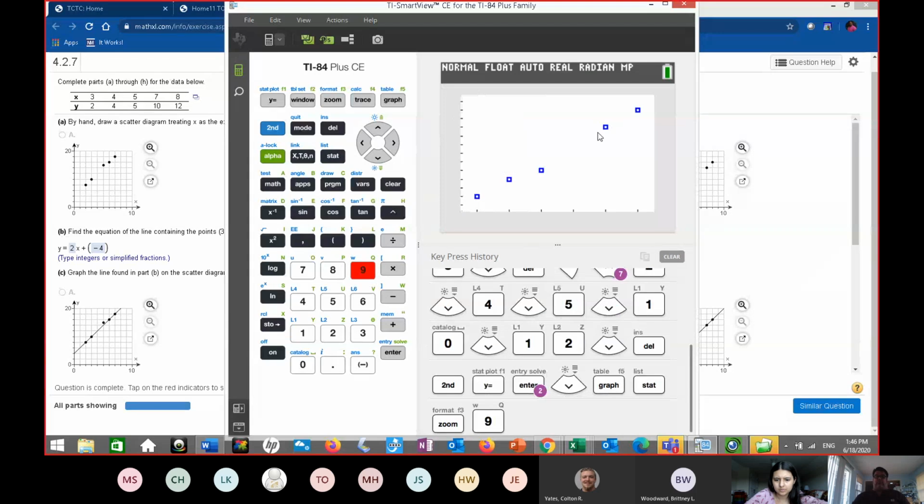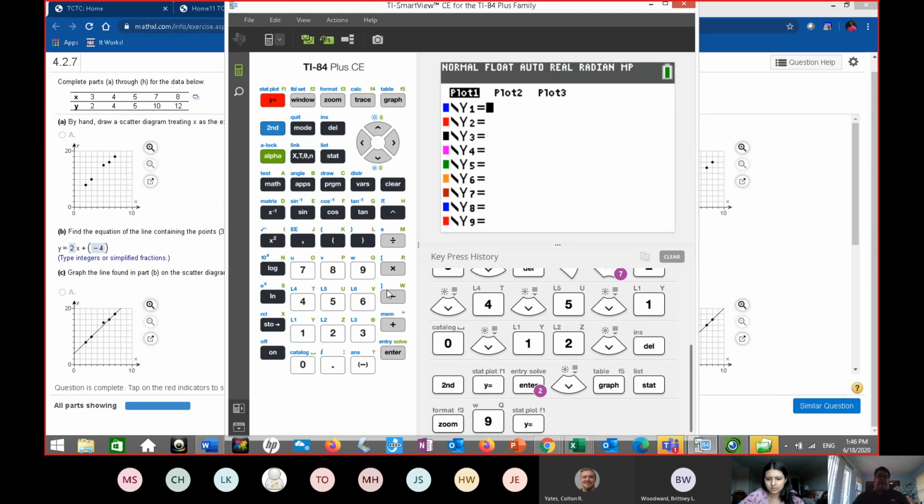Now I'm going to do what they told us to put in. The y graph, or y is equal to 2x minus 4.